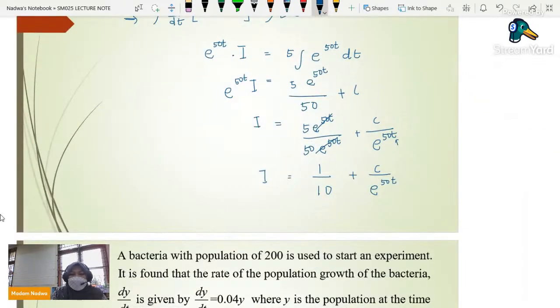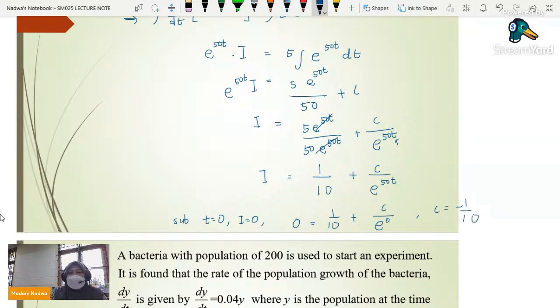So we can substitute t equals to 0 and I equals to 0. You will get 0 equals 1/10 plus C e to the power of 50 times 0 is 0. So e to the power of 0 is 1. So C is actually negative 1/10.